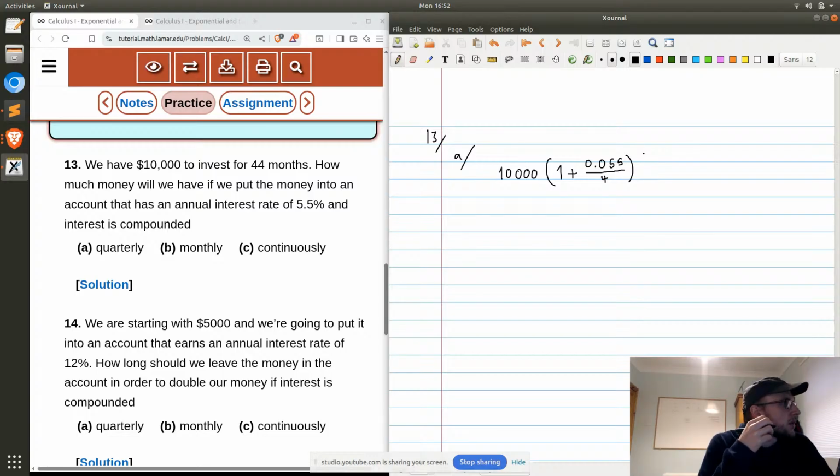Three and 2/3, which is 11/3. And now monthly.